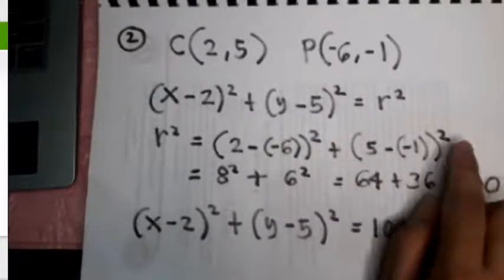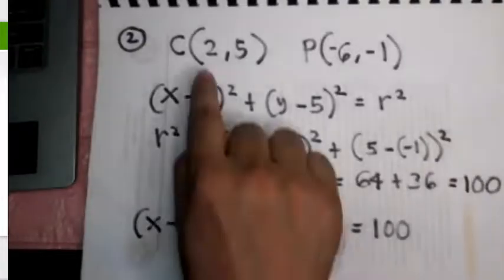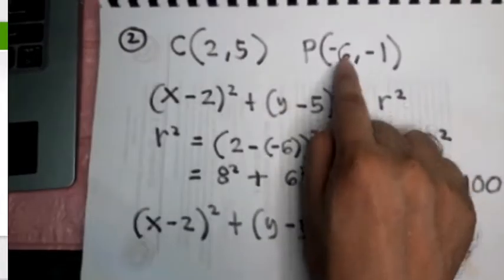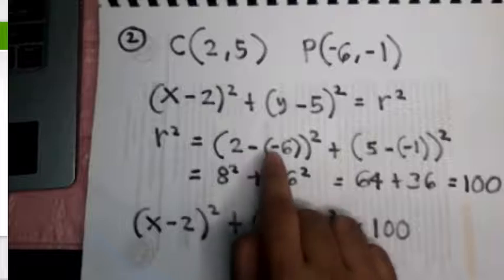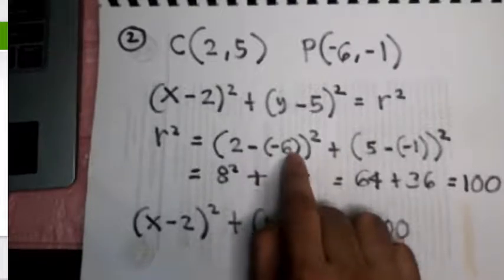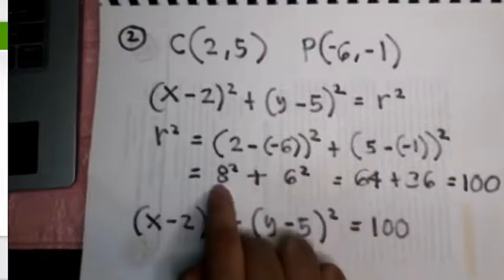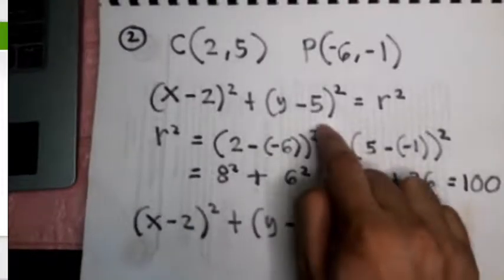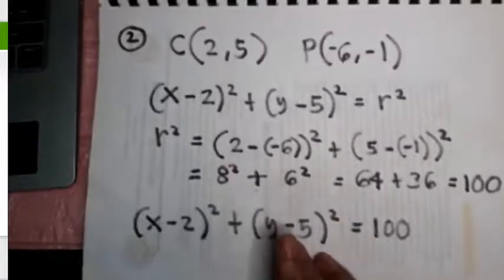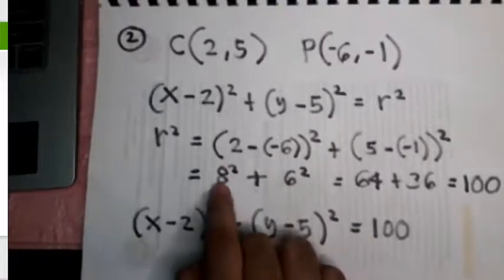Okay? So here, what is the x1? This one. x1, x2. So 2 minus -6, that is 8. Squared. Okay? Squaring 8, that is 64. How about plus y1, y2? What is y1?